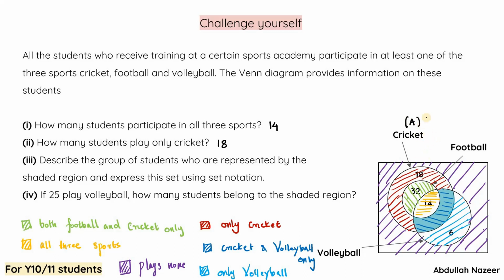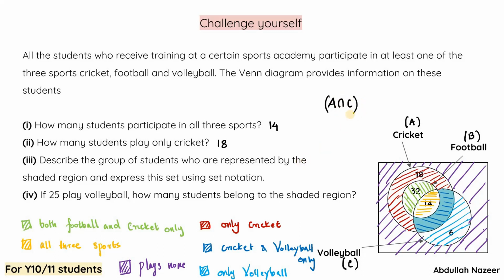So I name cricket as set A, football is my set B, and volleyball is my set C. Now, the region that we're looking for is the region that includes students who play cricket and volleyball only. Before we think about cricket and volleyball only, let's think about cricket and volleyball. Cricket and volleyball is the intersection between the set cricket and the set volleyball. So I can say that is A intersection C.